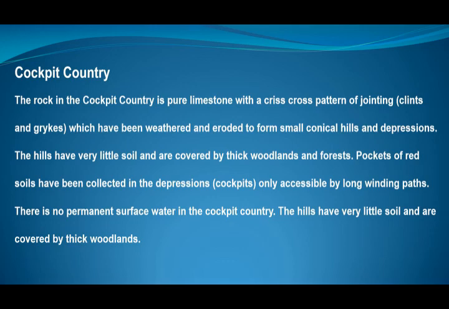The hills have very little soil and are covered by thick woodlands and forest. Pockets of red soil have collected in the depressions or cockpits, only accessible by long winding paths. There is no permanent surface water in the cockpit country.